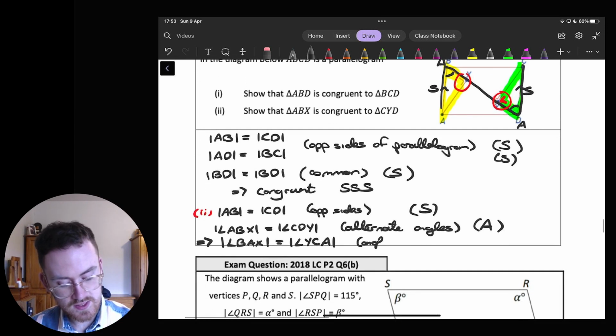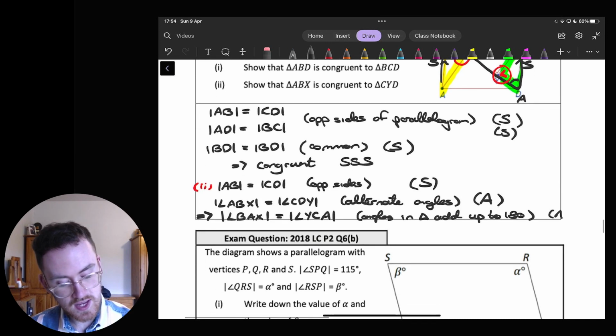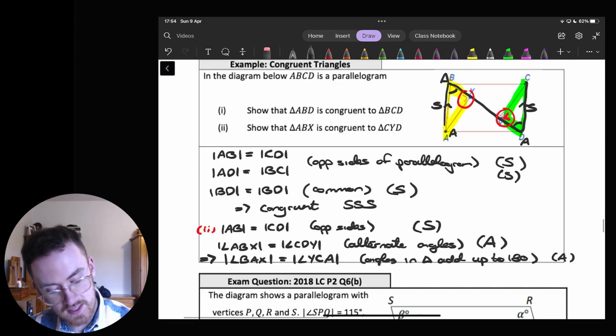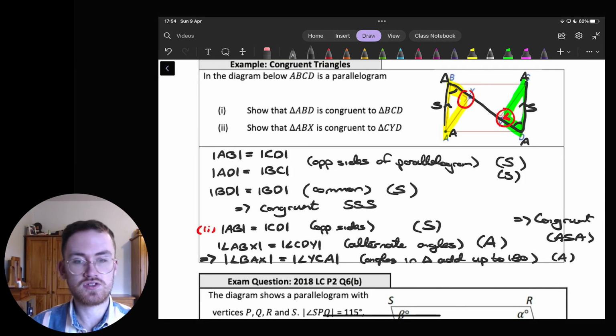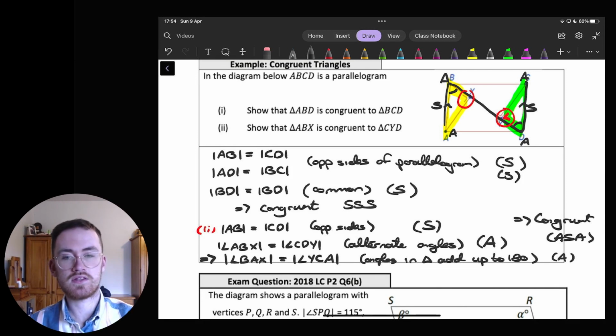We can say angles in a triangle add up to 180. So if they have to add up to 180, that last angle has to be the same, and that's another angle for me. So that's this angle here, and it's this angle here. That means they are congruent, with my reason being angle, side, angle: two angles and the side between those two angles.